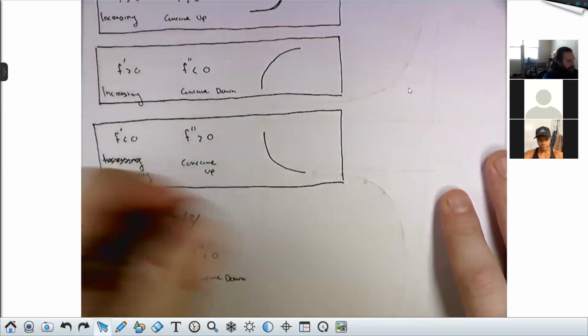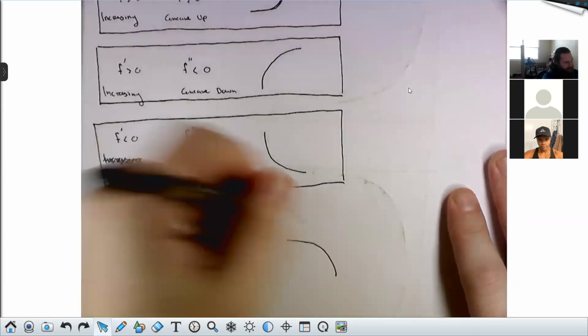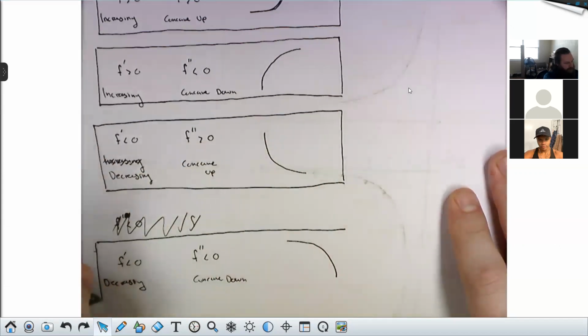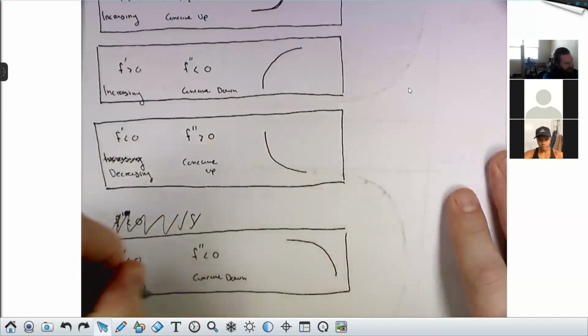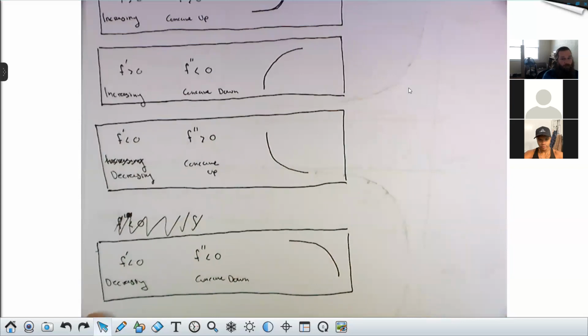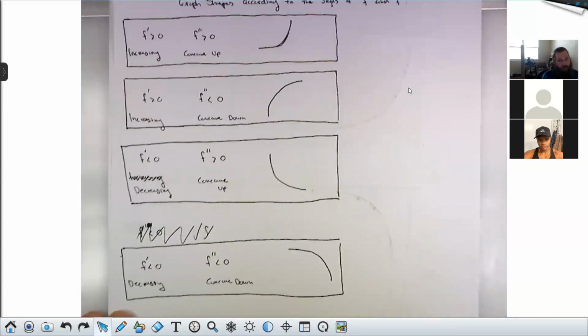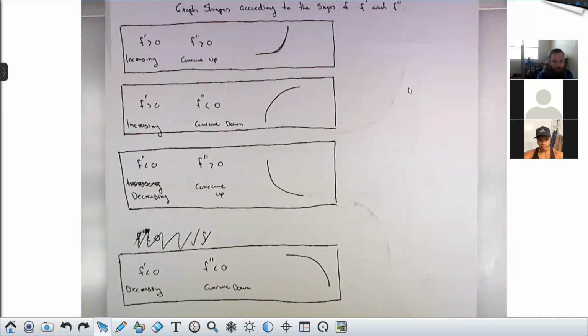That looks like this. Okay, so these are your four possible graph shapes according to the signs of the first and second derivatives. You can be more detailed than this, but really this is enough to get very, very good sketches.